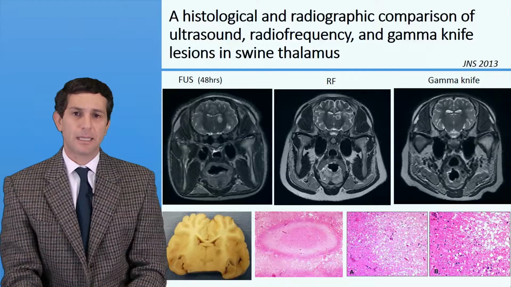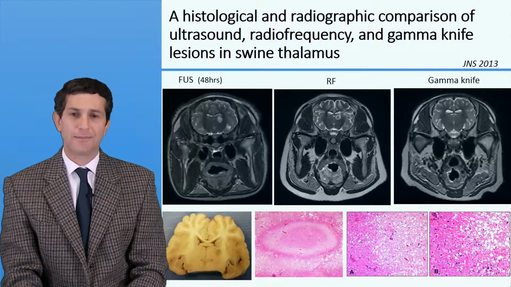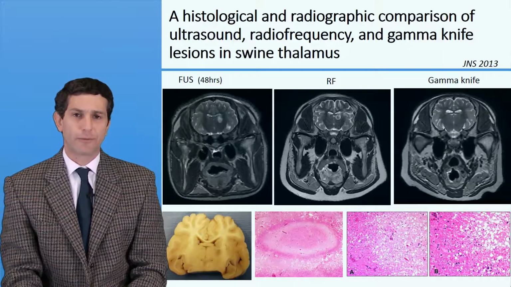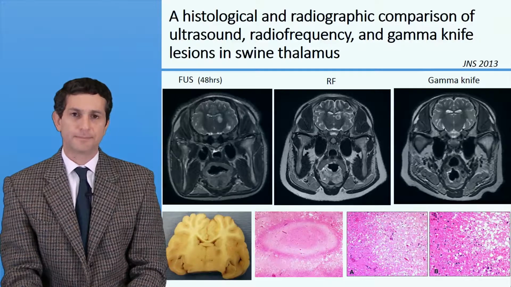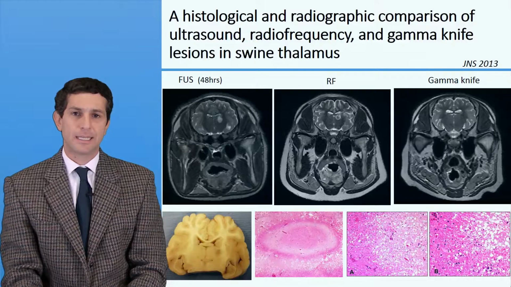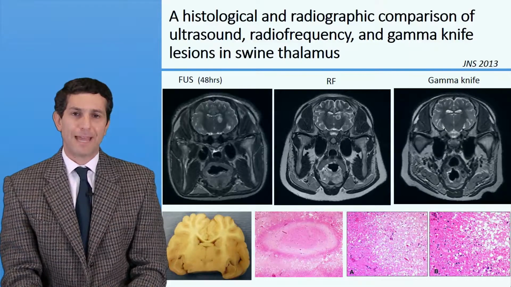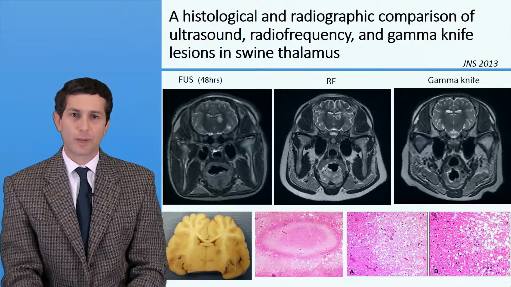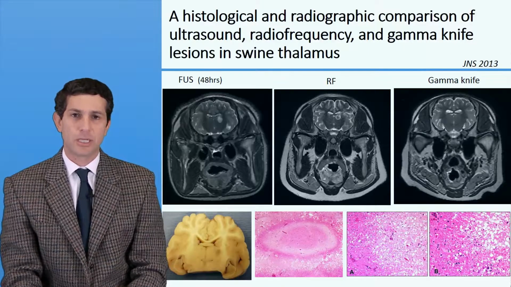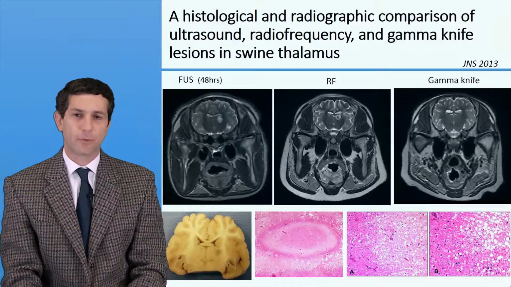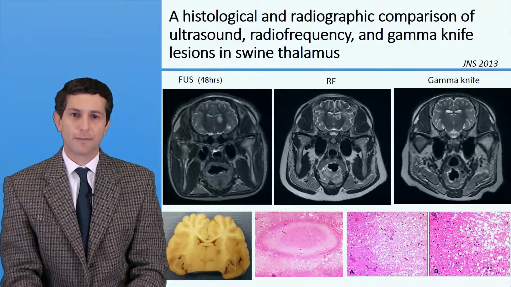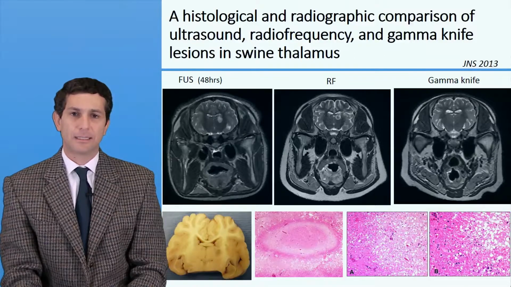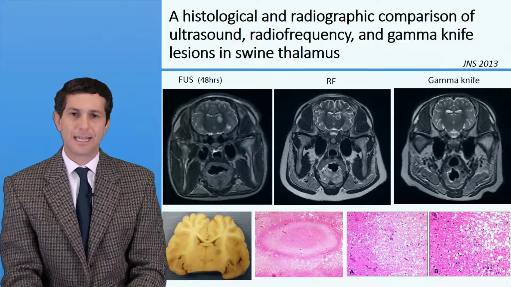Basically, focused ultrasound lesions behave very much like radiofrequency lesions in that they're both thermal ablations. You tend to see vacuolization and axonal swelling acutely as the infarction occurs, and then macrophages enter the lesion at around 48 to 72 hours. We start to see gliosis within a few days, and then the lesions coalesce into a cyst and collapse with time.